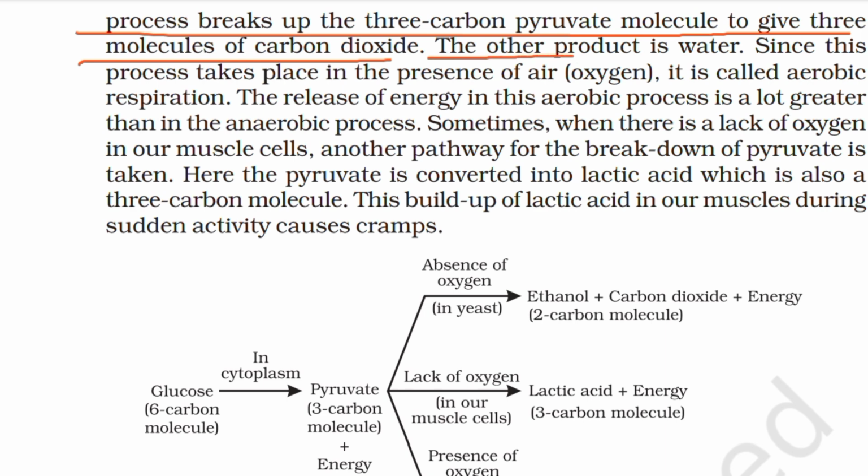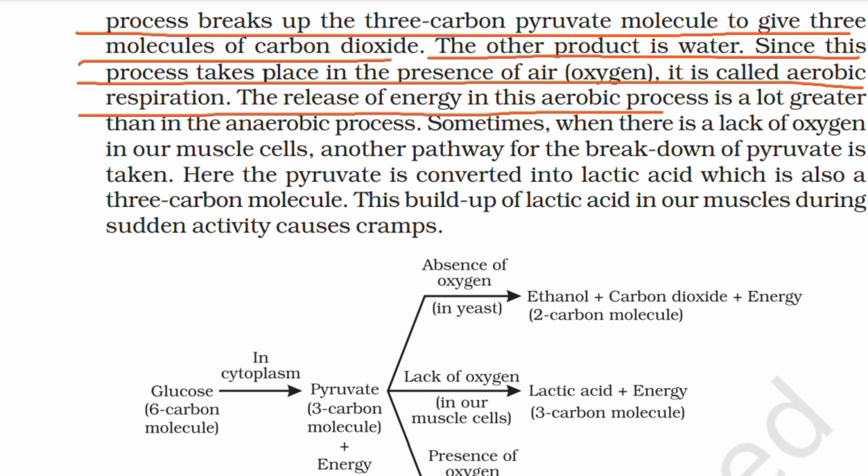The other product is water. Since this process takes place in the presence of air (oxygen), it is called aerobic respiration. The release of energy in this aerobic process is a lot greater than in the anaerobic process.